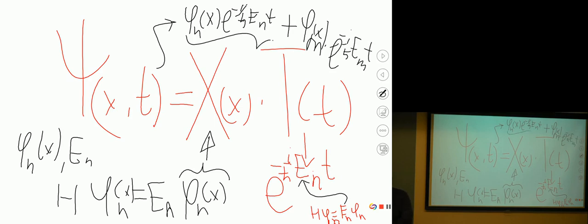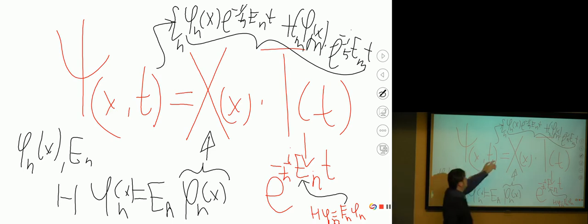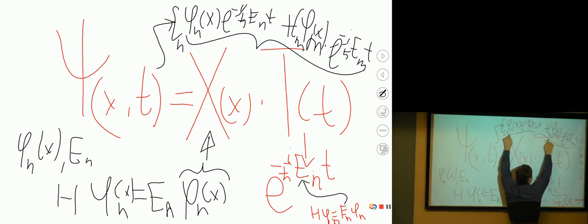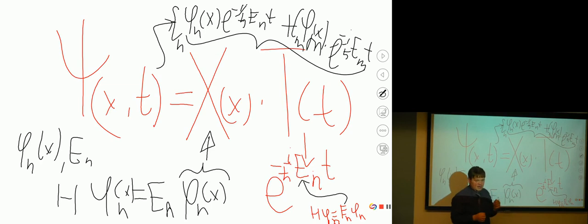So this linear combination will be a solution as well. And one can also put some weights, c sub m, in front of them. One can use different proportions of these coefficients, and this combination will still be a solution of the time-dependent Schrödinger equation.